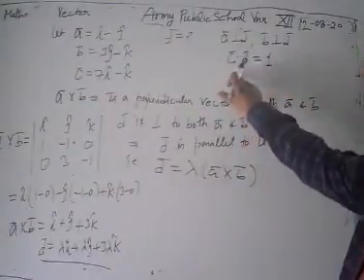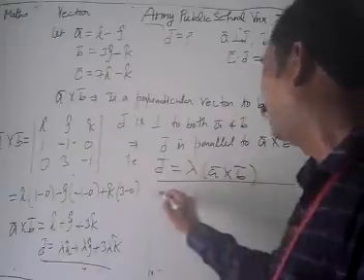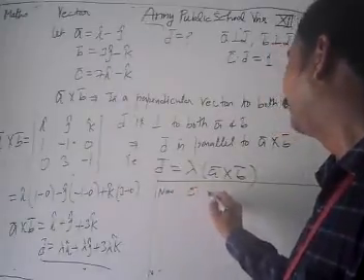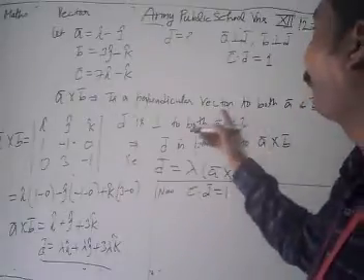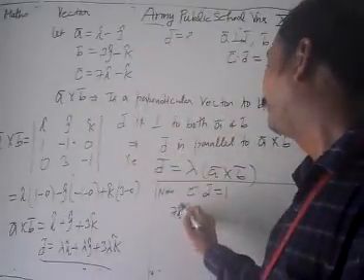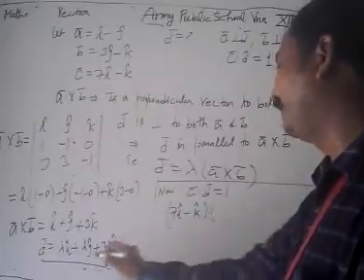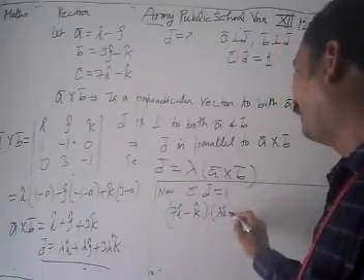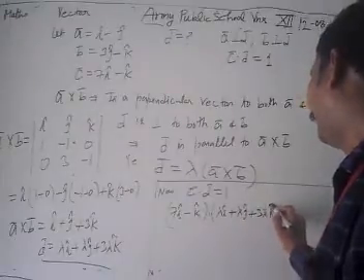We have given that vector C dot D is 1. What is our vector C? 7I cap minus K cap, dot D, where D is lambda I cap plus lambda J cap plus 3 lambda K cap.